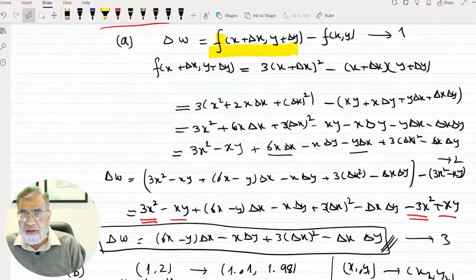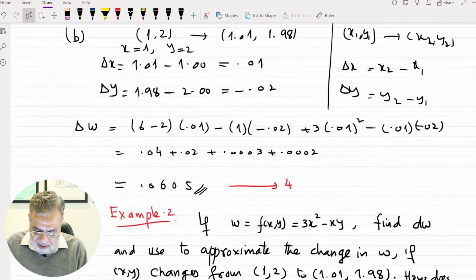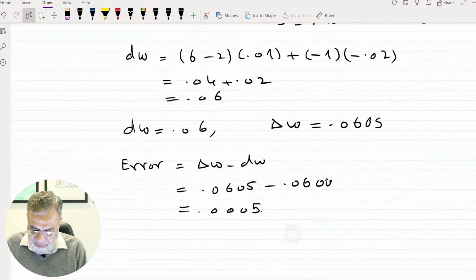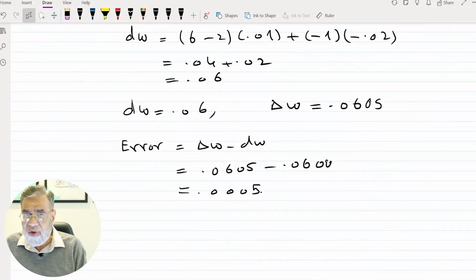Here in this whole slide we can see that we find the value of f of x plus delta x, then we make the subtraction, simplification and all that, and then we get the formula. But here we can have a very simple approach, though there is an error, the error is 0.0005. Sometimes we can just sacrifice this accuracy and get the approximate value.